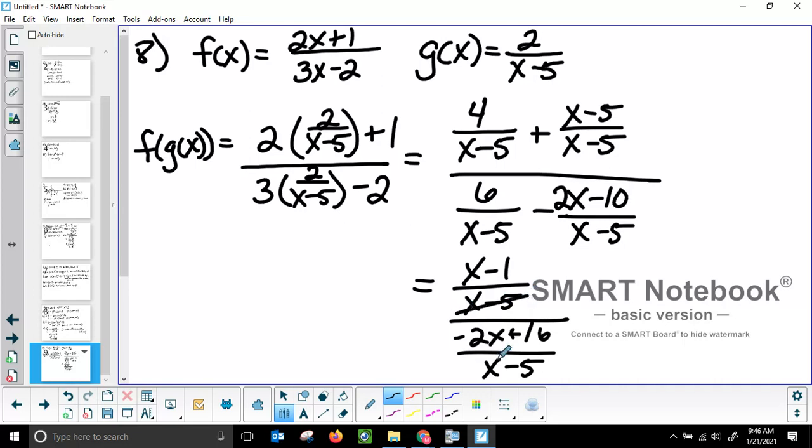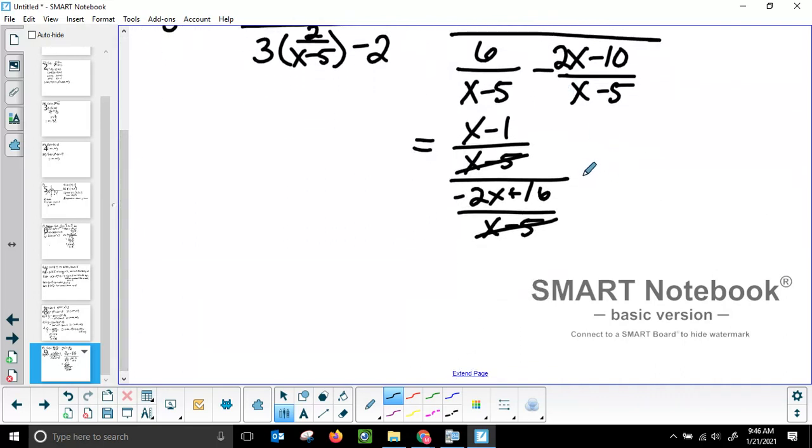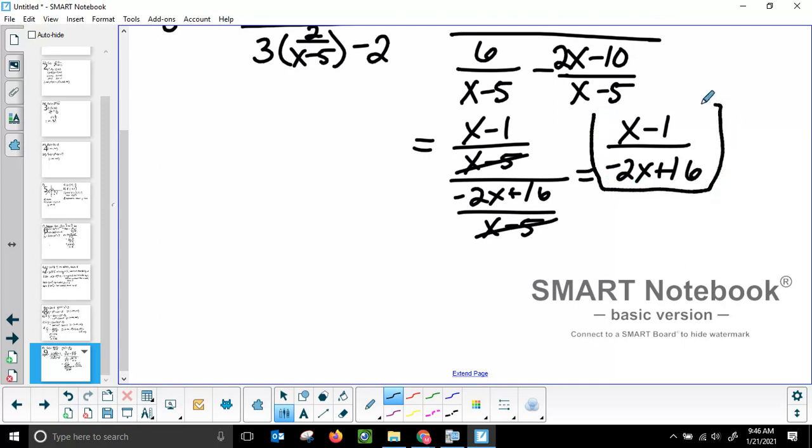Of course, now, since our denominators are the same, we can cancel. And this is just going to be x minus 1 over negative 2x plus 16. Of course, you could factor out a negative 2 here, but nothing's going to cancel. Okay, so that is my f of g of x.